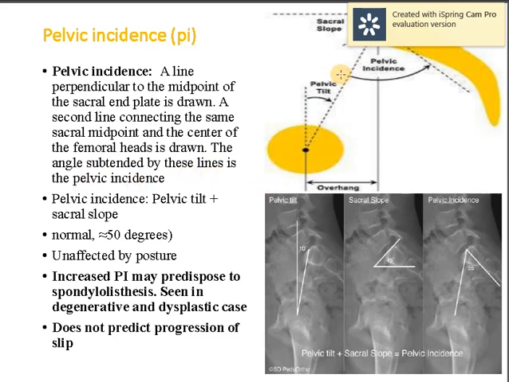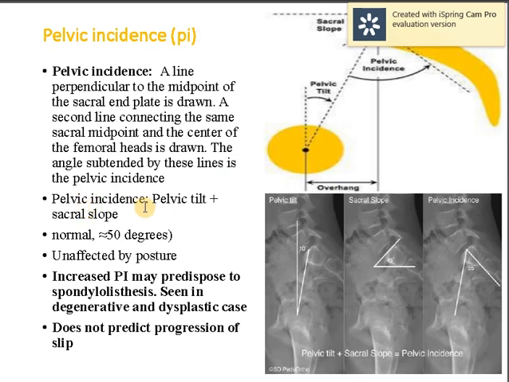So here a line perpendicular to the midpoint of the sacral end plate is drawn, and a second line connecting the same sacral midpoint and the center of the femoral head is drawn. The angle subtended by these lines is the pelvic incidence.